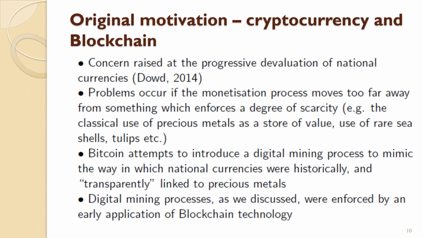Okay, so if you've got something that's got worth that backs up your currency, that's grounded in a lot of hard work fundamentally. And these digital mining processes, as we discussed before, were enforced by an early application of blockchain technology. So Bitcoin is the first element of blockchain in widespread application, but blockchain technology is potentially much more general than Bitcoin.